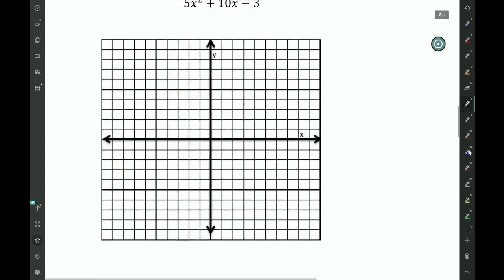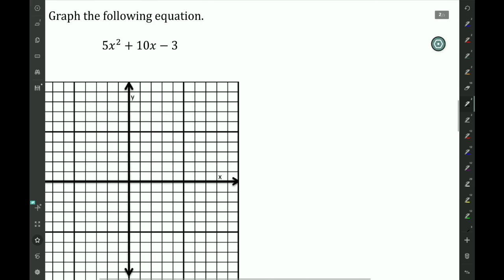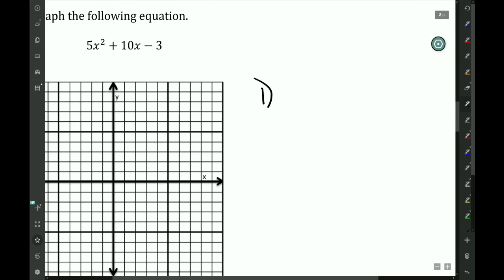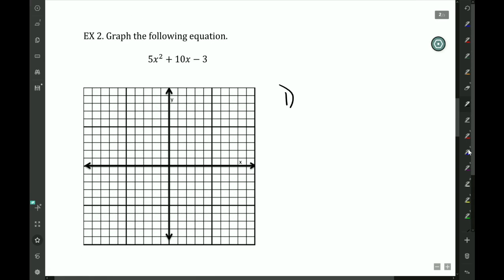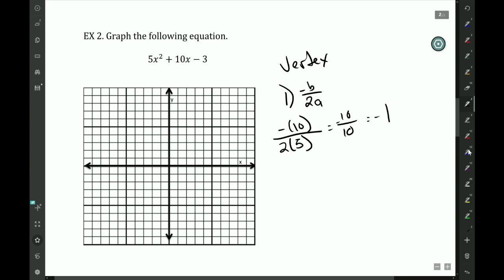One more really quickly. Following the equation, first step again, if you want to do it ahead, you can. Find the vertex, so it's negative b over 2a. Well, b is 10, so negative 10 all over 2 times 5. That is negative 10 over 10. That's negative 1. How do you find the y-coordinate? Hopefully someone's like, you plug it back in.